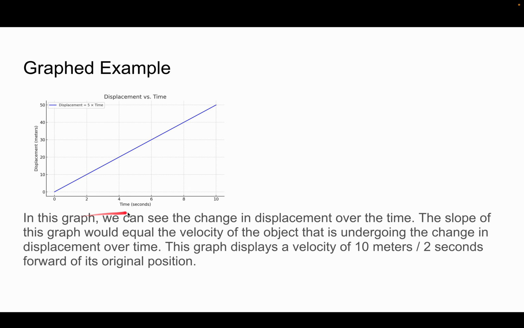So we can see in this graph, the slope of this graph would actually be 5 because 10 over 2 equals 5. Displacement in meters would be 10 meters for every 2 seconds, which we can just simplify to 5 meters a second forward. So 5 meters per second forward would be the velocity of whatever object is depicted in this graph.